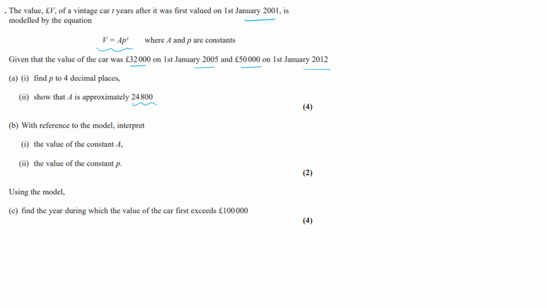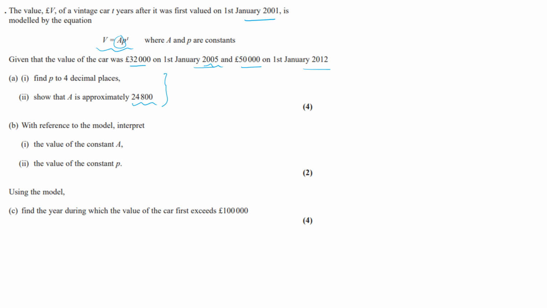So putting parts A, I and II together, you've got two unknowns to find, the a and the p. What do we need to do when we need to find two unknowns? You're going to do simultaneous equations. Now, we're not told what it is at the start, but we are told in 2005. You have to be careful here because the t is not going to be 5.